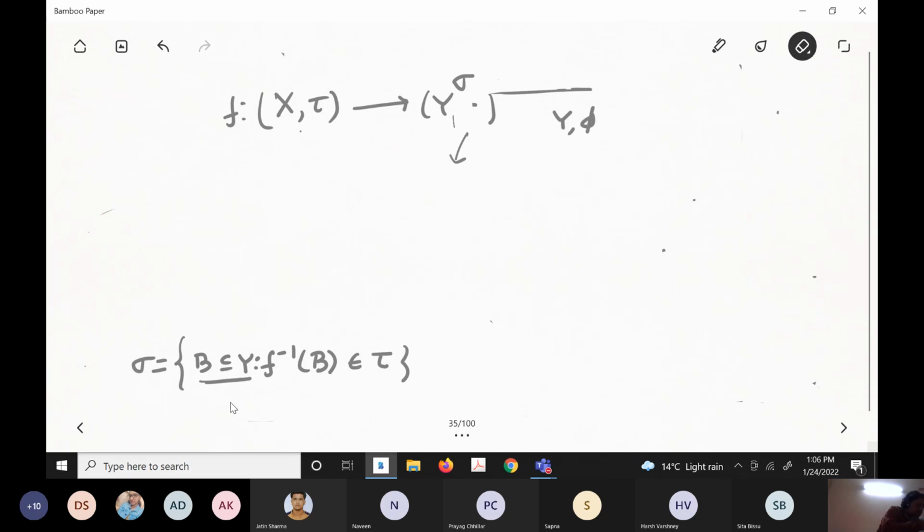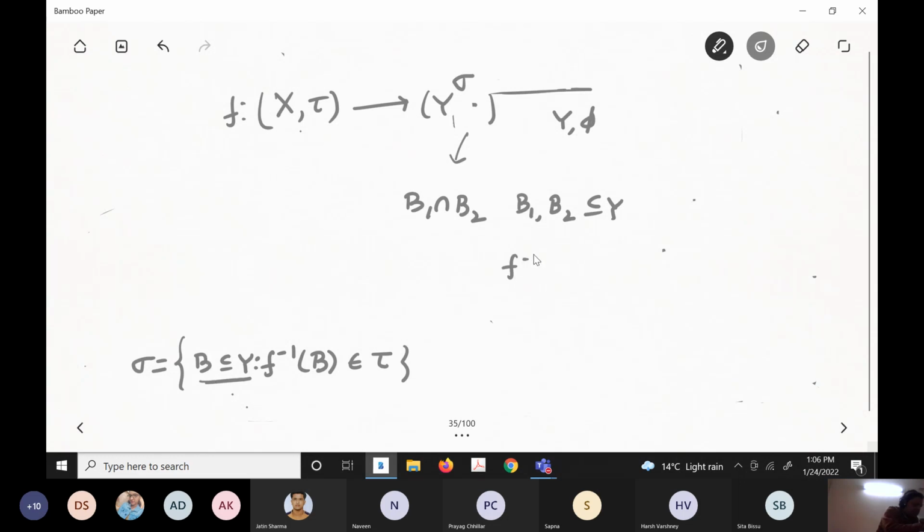Now the question is this: does it give a topology? Of course, in the f inverse B. Okay, look, you take B equal to Y, then f inverse of Y is X, which belongs to tau. B equal to phi, that is here. And if you take two sets, B1 intersection B2, don't confuse with any subset.